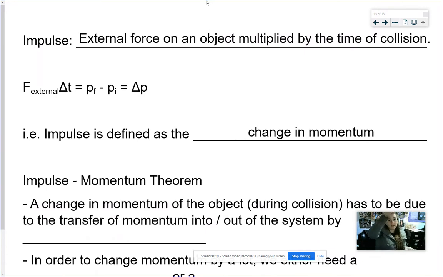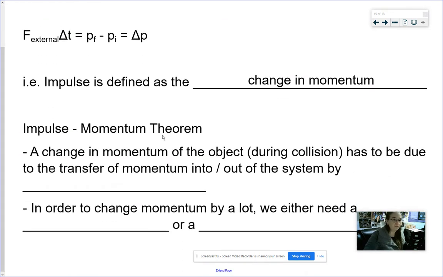But the momentums of the individual objects can change. So again, don't get confused. This is specifically referring to the change in momentum of one object, not the change in momentum of two objects colliding, because again, that is conserved. That stays the same. That doesn't change.